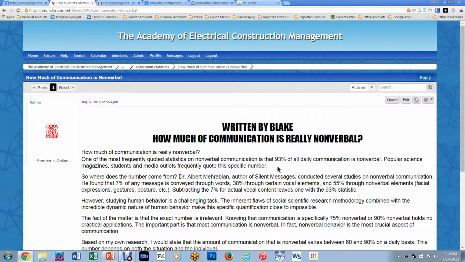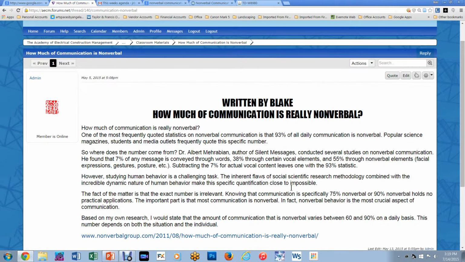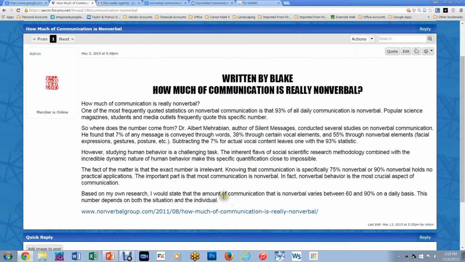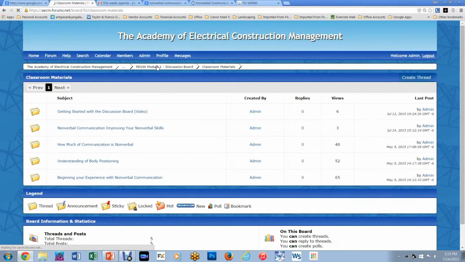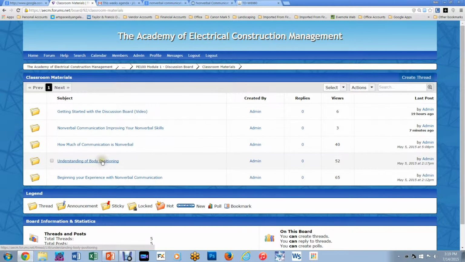So I think it's a lot of playing around with numbers to come up with this one statistical deal of 93% nonverbal. But it does tell you that there's a lot of stuff there. And you can always click on this article right here and go see what they're really telling you, and you can look at all these statistics if you don't think that nonverbal is all that important, because it really is.